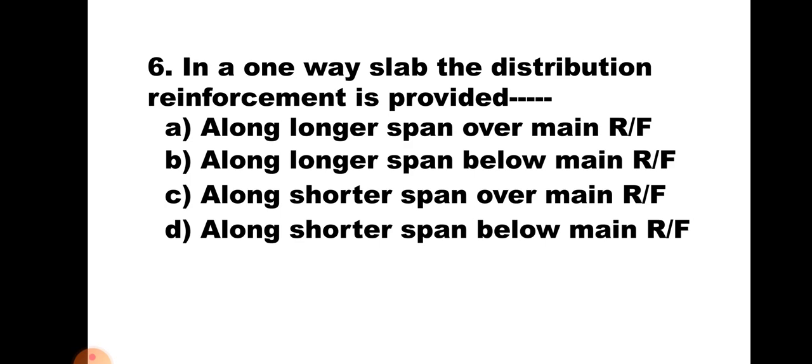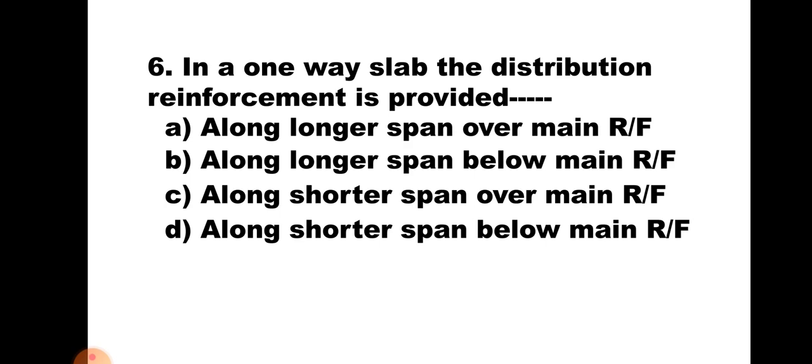Question number 6. In a one-way slab, the distribution reinforcement is provided: A. Along the longer span over main reinforcement, B. Along the longer span below main reinforcement, C. Along the shorter span over main reinforcement, and D. Along the shorter span below main reinforcement. Now in a one-way slab, the distribution reinforcement is provided along longer span, that is no doubt.